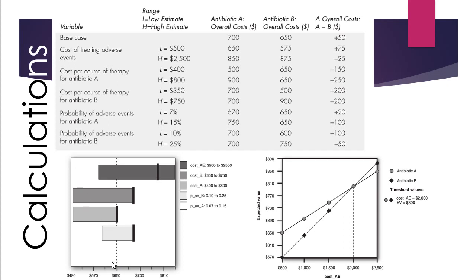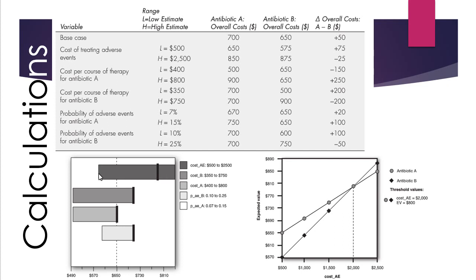And what you typically see is a tornado, kind of like an inverted pyramid, starting from most impactful at the top to least impactful at the bottom. The ranges suggest that, entering the low value and the high value, this is a total range of possible results that arise because of that variability.